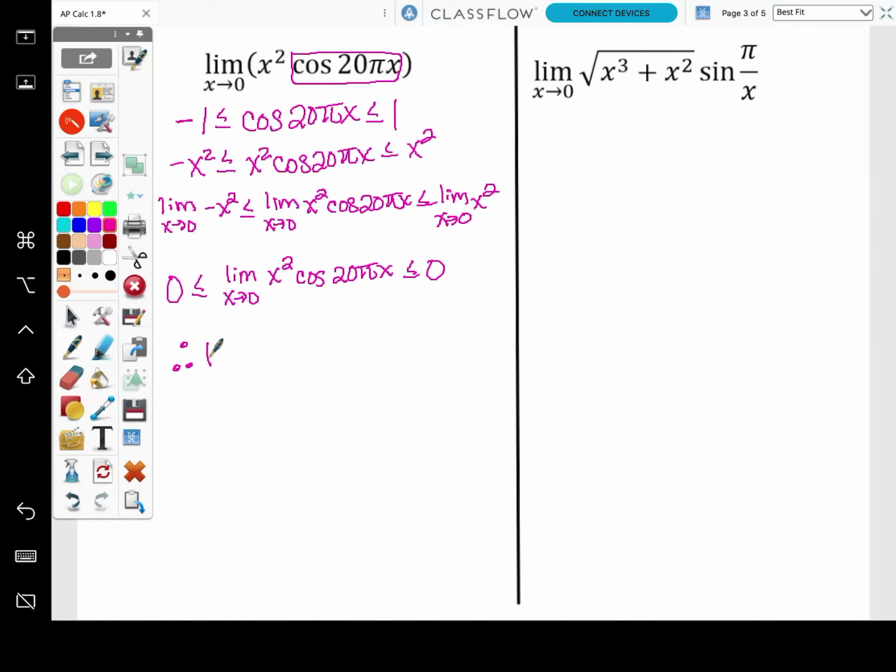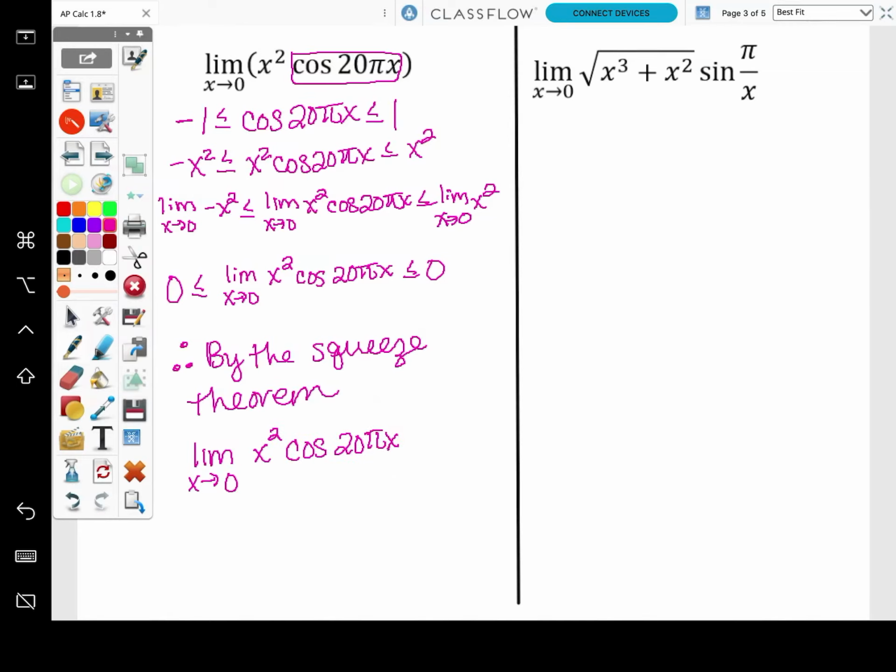And then, therefore, by the squeeze theorem, we can now say the limit as x approaches 0 of x squared cosine 20 pi x is 0. So a tedious process, yes. Difficult, I hope not.